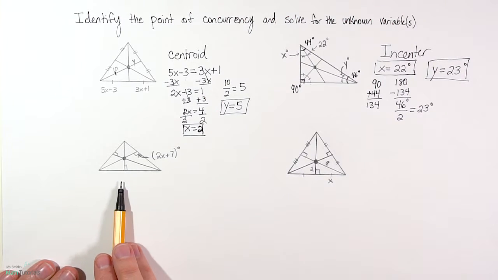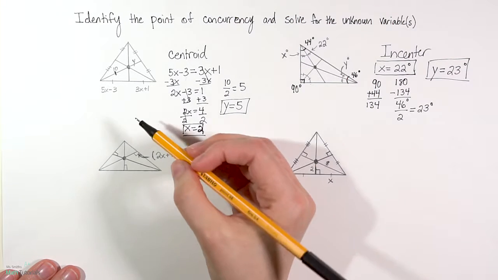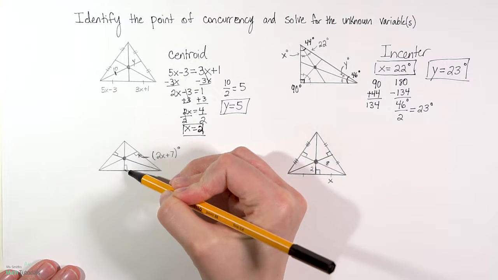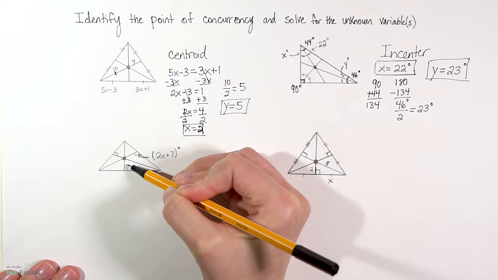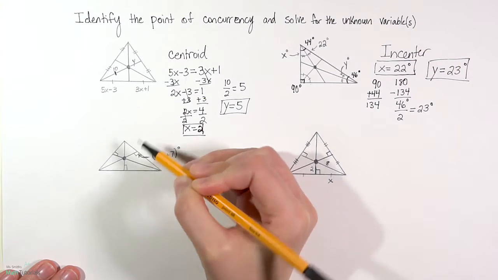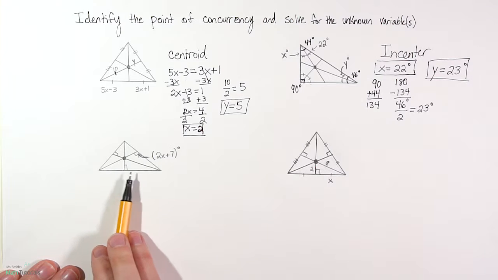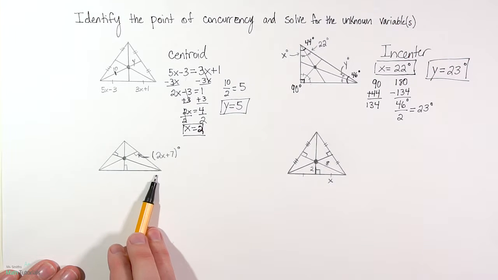Okay, in this example, let's make some observations. So again, if you try to look at all the segments at once, it's overwhelming. So just focus on one. Just focus on this one in the center. So I know it's coming down from the vertex and it's forming a right angle. Okay, now is it cutting this into perfect equal distances?